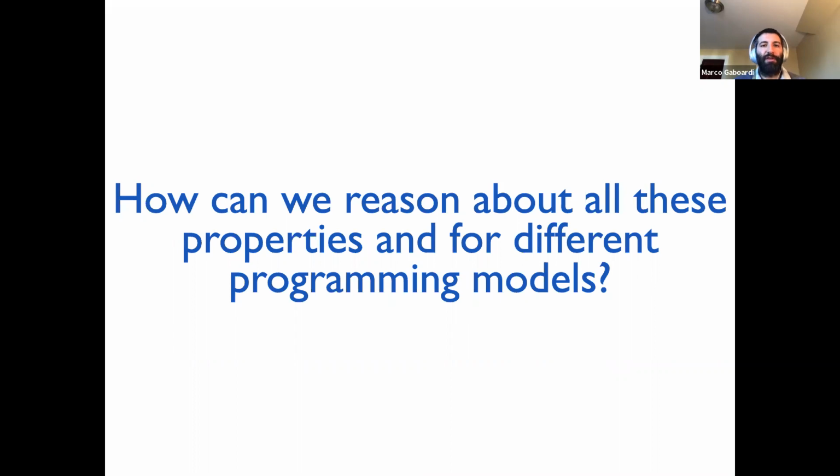Okay. All right, I think this is enough for motivation. I hope I motivated you into thinking about correctness of probabilistic programs in a more general sense, where we think about correctness in terms of probabilistic and quantitative statements. But now, how can we reason about all these properties, and also for different programming models? Because thinking about the Bayesian network is different from thinking about just releasing our data.